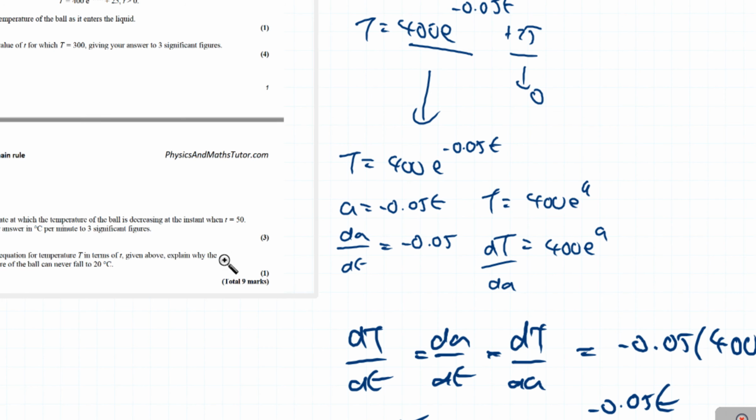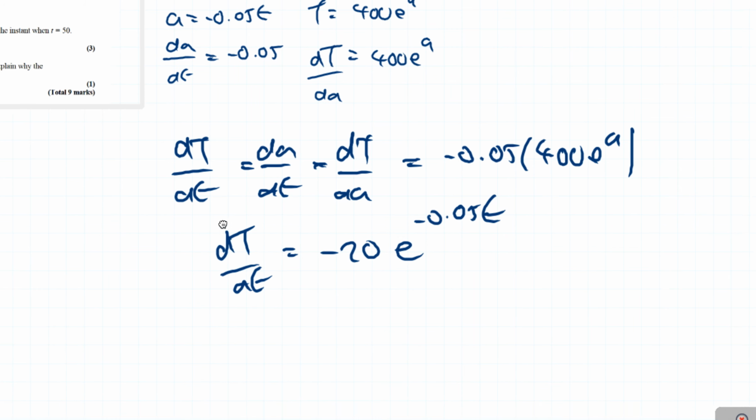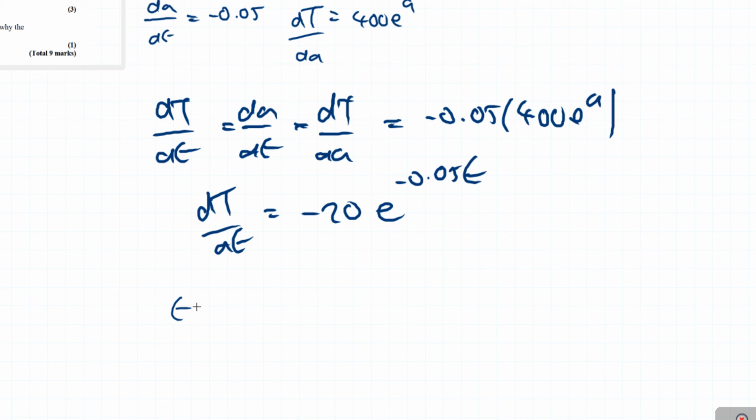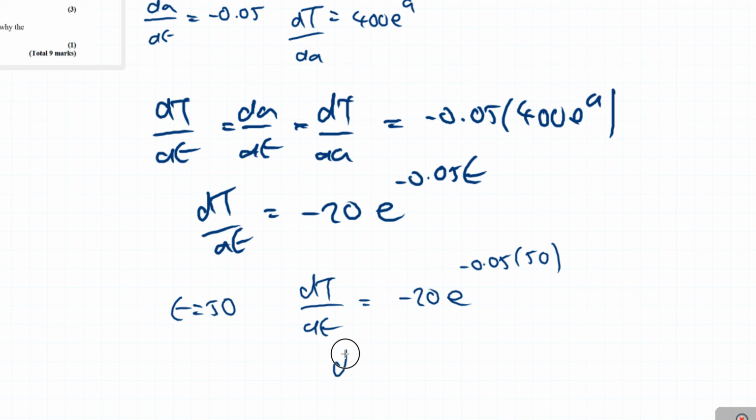Plugging in the answer that we want, so we want it when little t is 50. So when t is equal to 50, dT/dt is equal to minus 20 e to the minus 0.05 times 50, which is equal to minus 1.64.